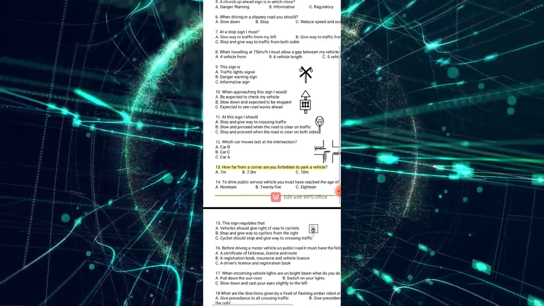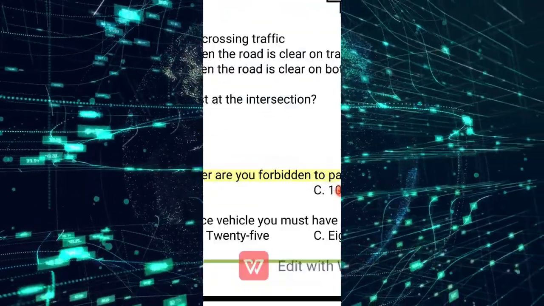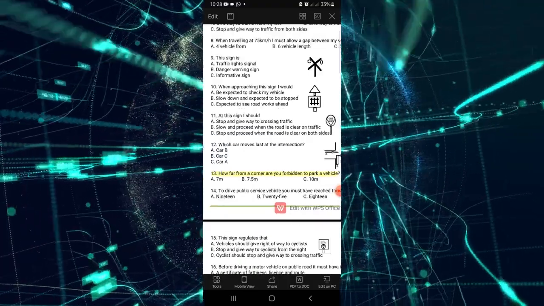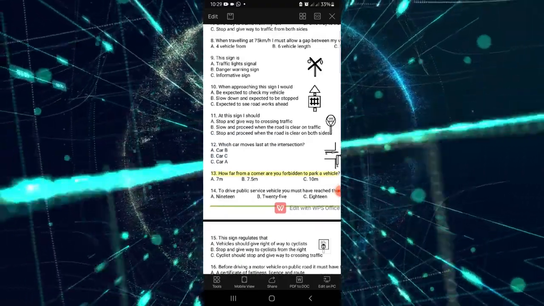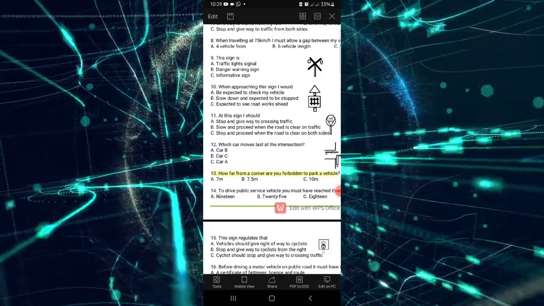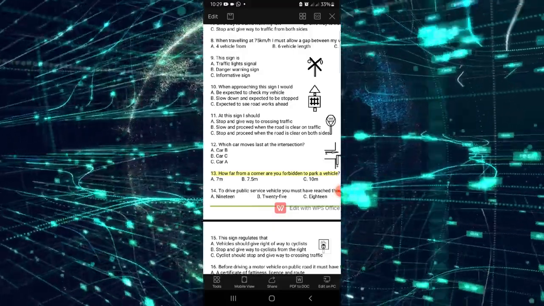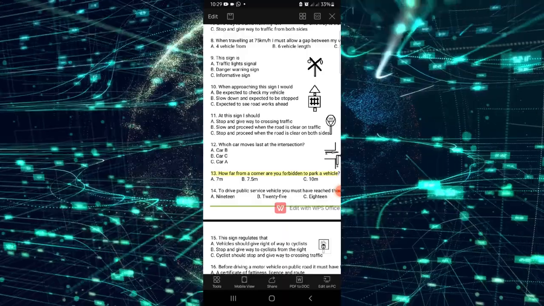How far from a corner are you forbidden to park a vehicle? Okay, so let's look at our answers. But I want you to pay close attention to the word forbidden here. It's very key in answering this question. We know that from a corner you should park at least 7.5 meters from a corner, right?